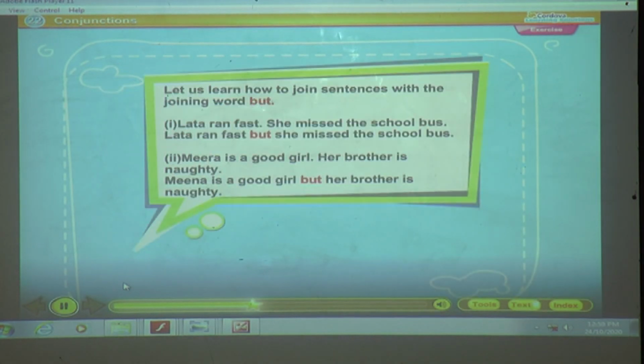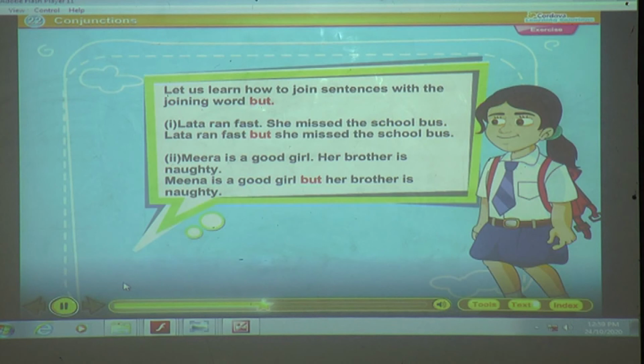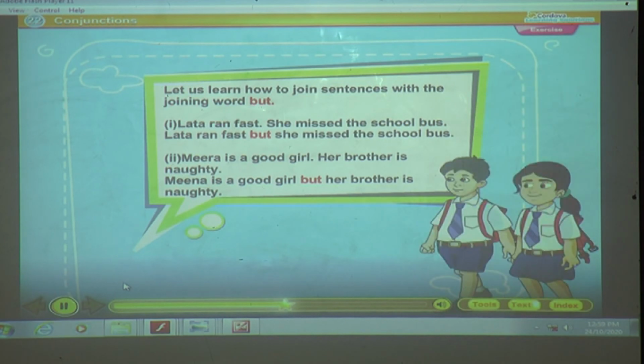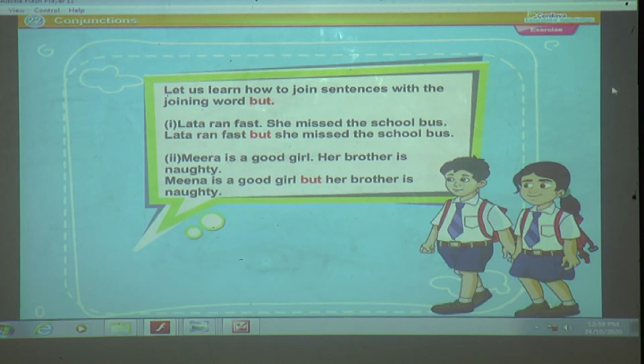Let us learn how to join sentences with the joining word but. 1. Lata ran fast. She missed the school bus. Lata ran fast, but she missed the school bus. 2. Neema is a good girl. Her brother is naughty. Neema is a good girl, but her brother is naughty.